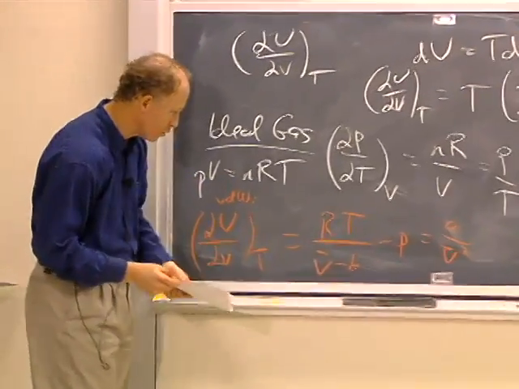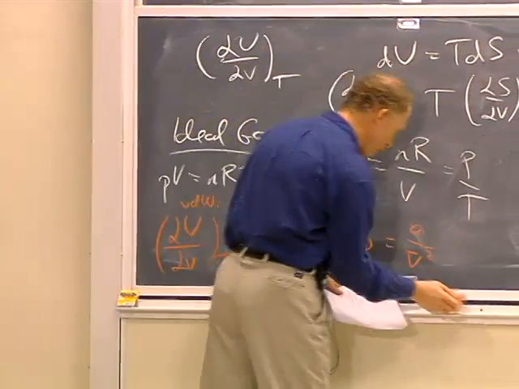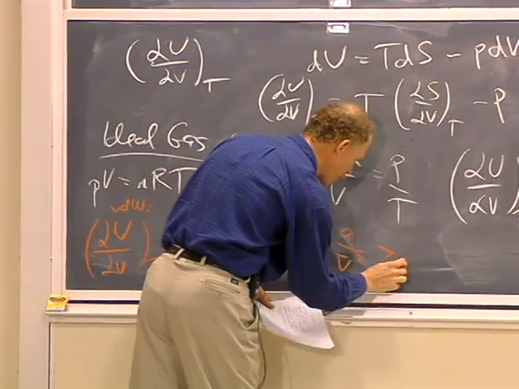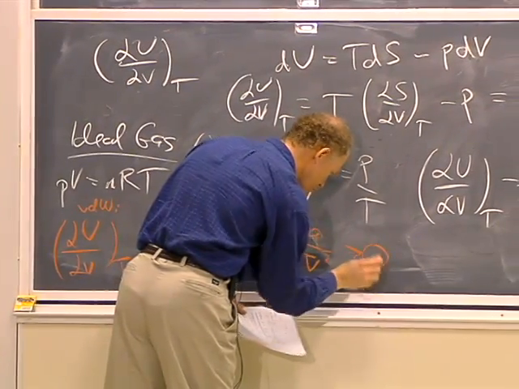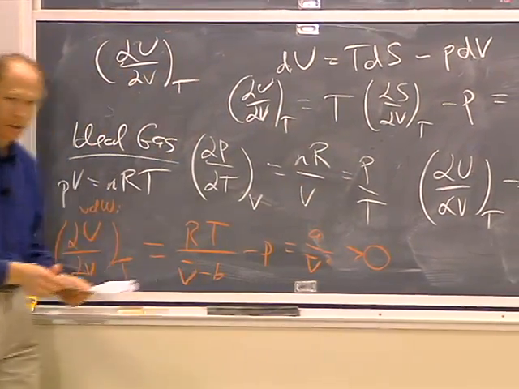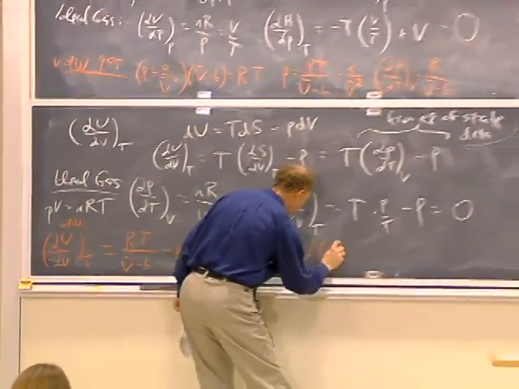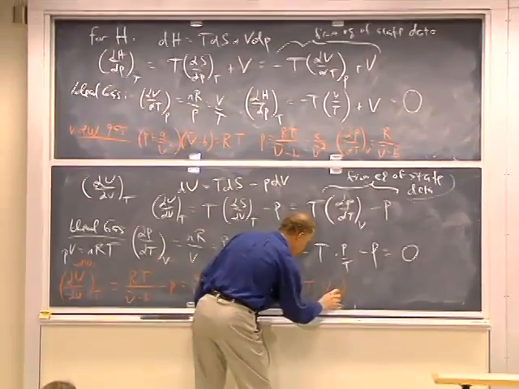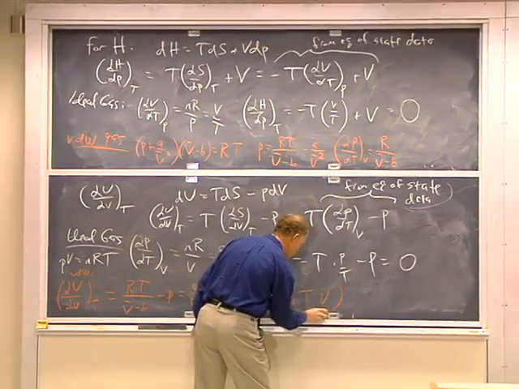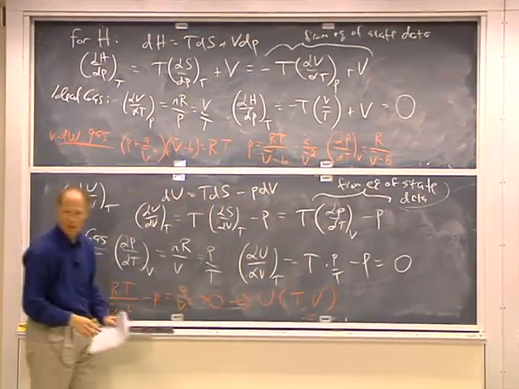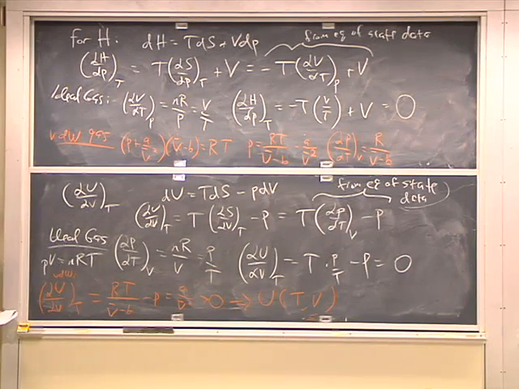It's some number, A over the molar volume squared. A is a positive number in the van der Waals equation of state, so this is greater than 0. In other words, U is a function of T and V, if we don't have an ideal gas.